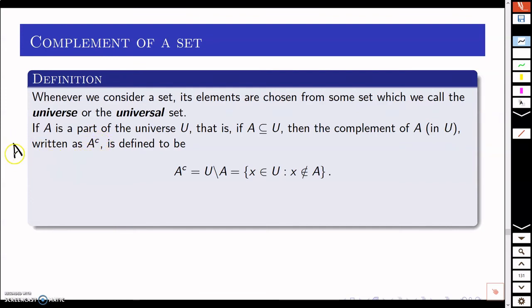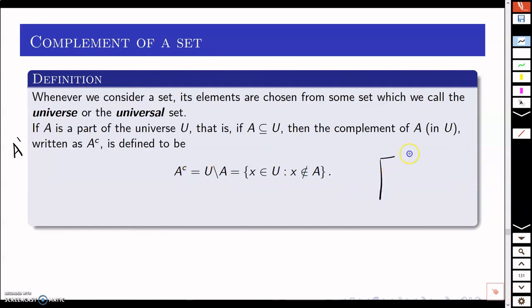Some books also use this. It is defined to be all the elements in U which are not in A. So A complement means everything outside A. You remove all the points of A, and whatever is left is A complement.